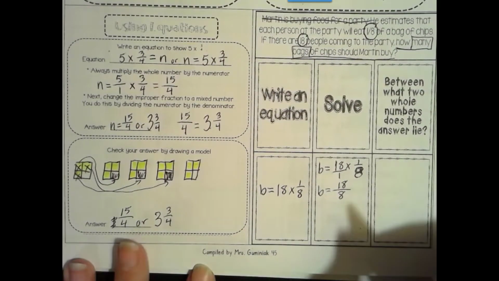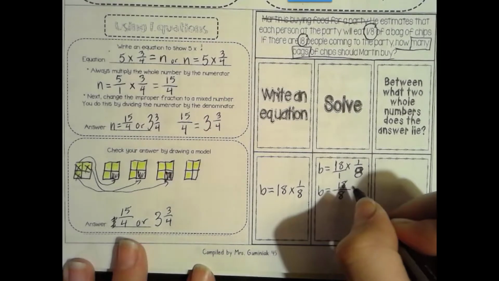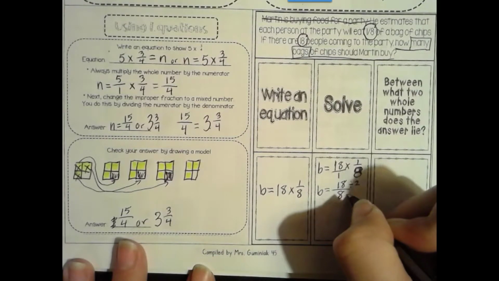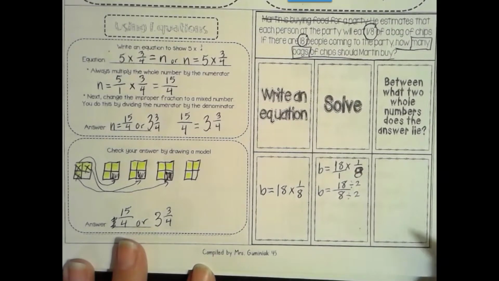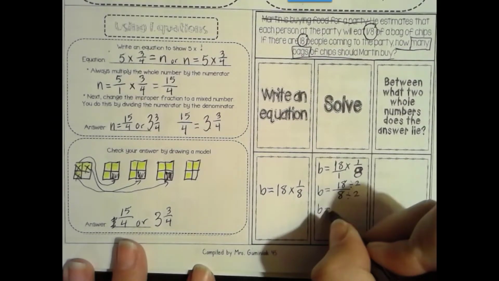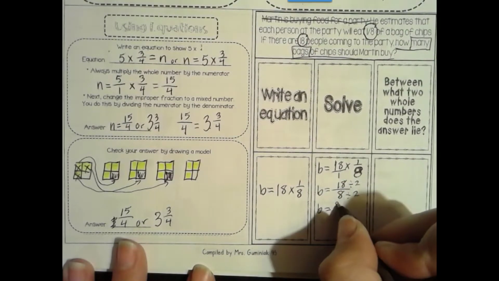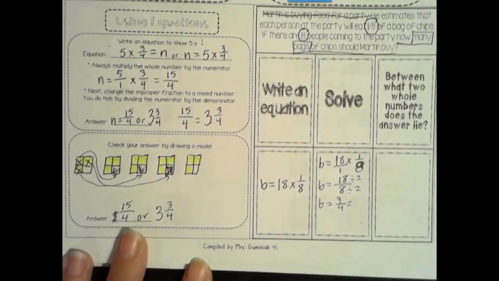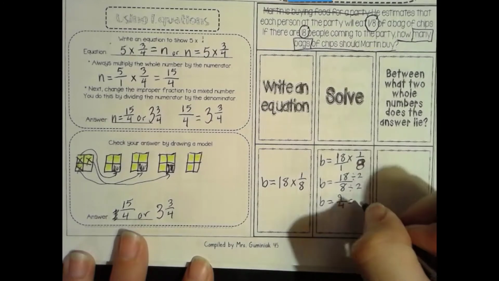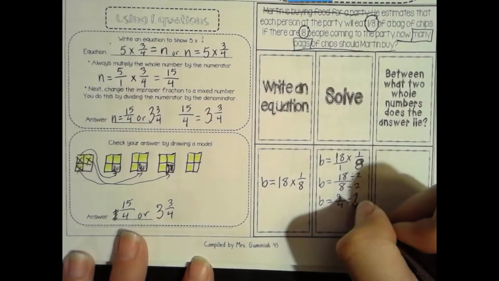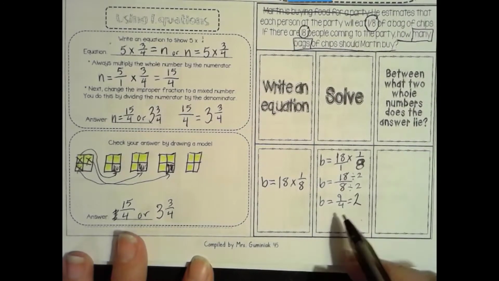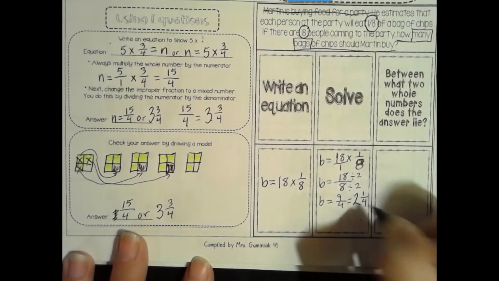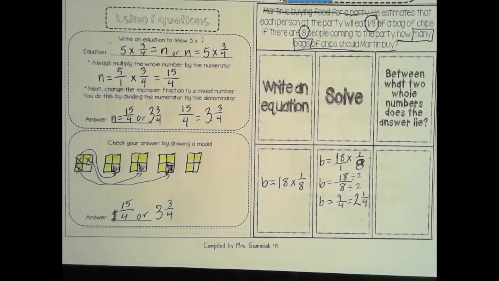Those are both even, so I'm going to simplify them. Half of 18 is 9. Half of 8 is 4. I could get 2 whole groups of 4 out of 9, because 2 times 4 is 8. But then I'm left with 1 piece. So I need 2 1/4 bags.